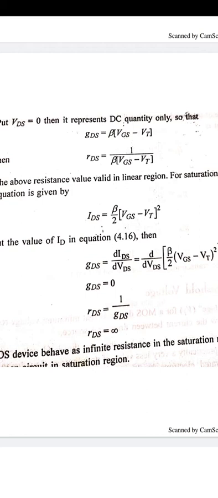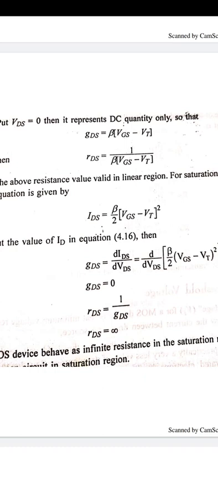In this case, when we take the differential against the VDS value, GDS is equal to 0. So when we take the reciprocal, RDS is equal to 1 by GDS, so RDS is equal to infinite. This means MOS devices behave as an infinite resistance in the saturation region. So it means MOS works as an open circuit in the saturation region basically.